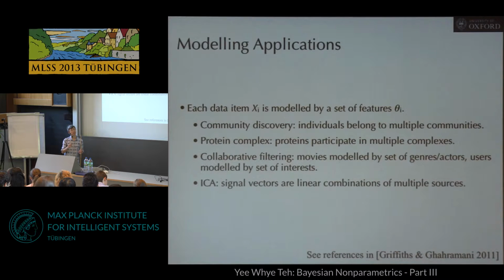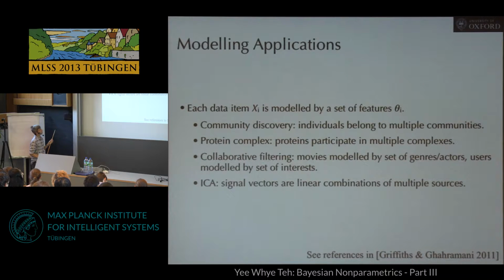The difference is that when you say that a data item belongs to multiple clusters, you don't have to say that it belongs to a certain cluster with some probability, and the probabilities have to sum to 1. The data item could actually belong to all 3 clusters with 100% probability in this case.